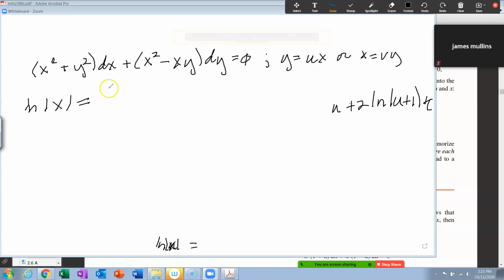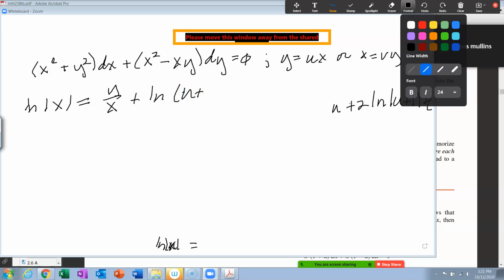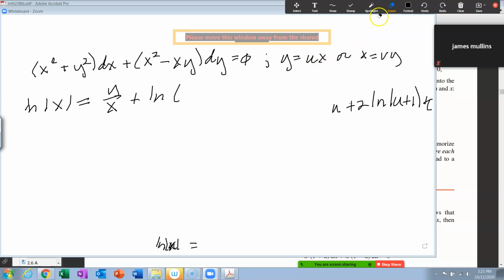U is y over x plus, I'm going to write this slightly differently, the log of u plus 1. Well, actually I wasn't going to write it like that. Sorry. Okay, this is going to be y over x here too.